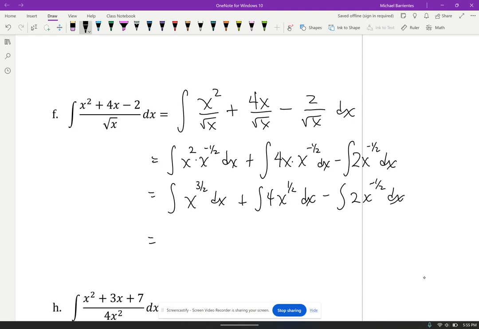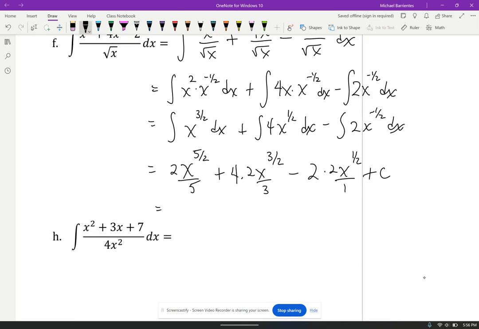The antiderivative of this would be add 1 to the exponent, divide by the new exponent, plus add 1 to the exponent, divide by the new exponent, minus add 1 to the exponent, divide by the new exponent, plus c.